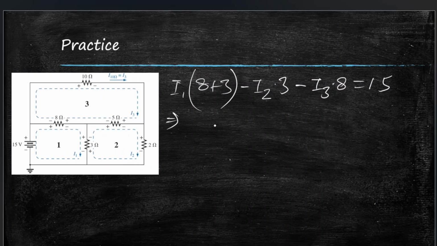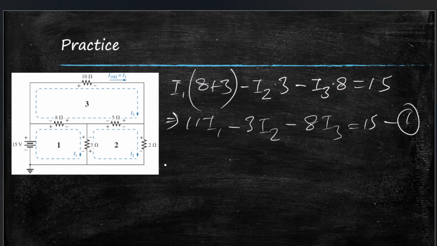Now 3 plus 8 is 11 I1 minus 3 I2 minus 8 I3 is equal to 15. That's equation 1 for us.